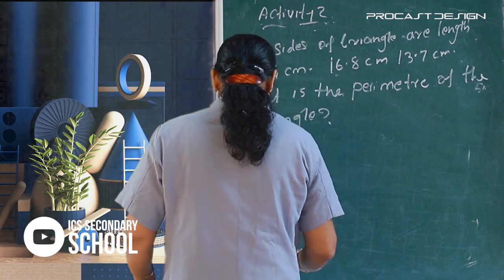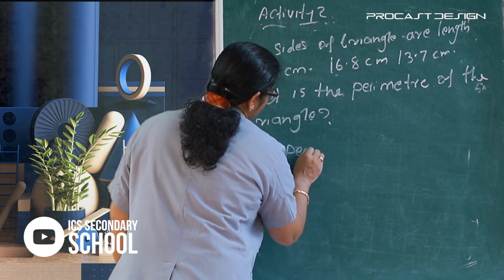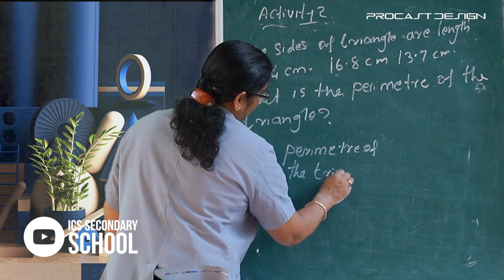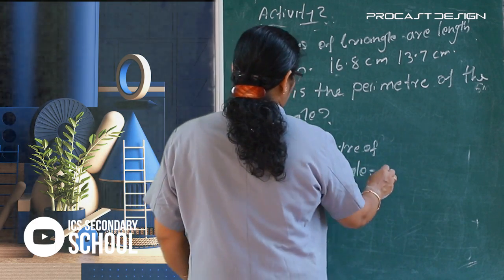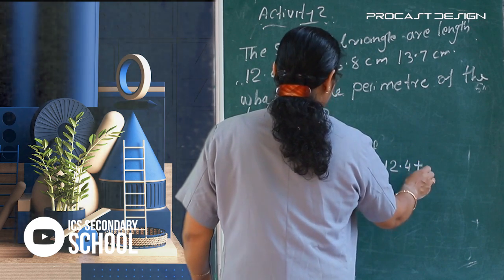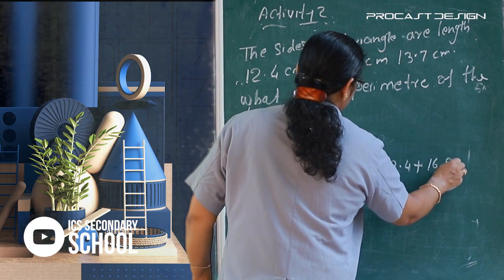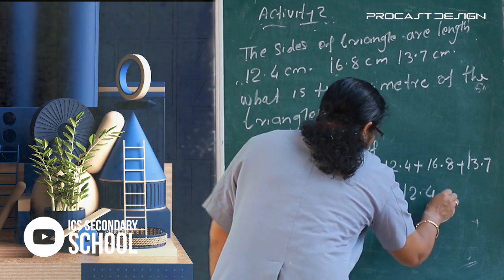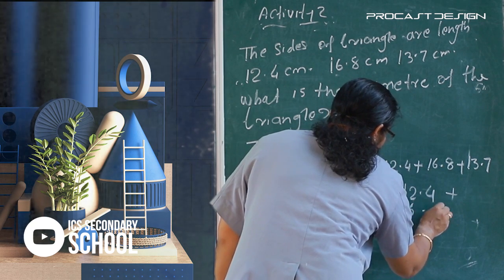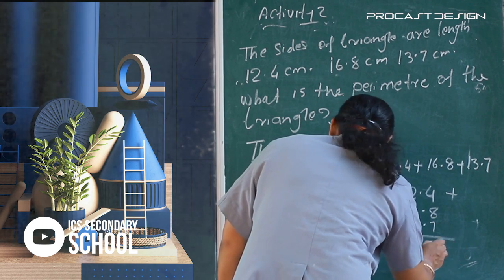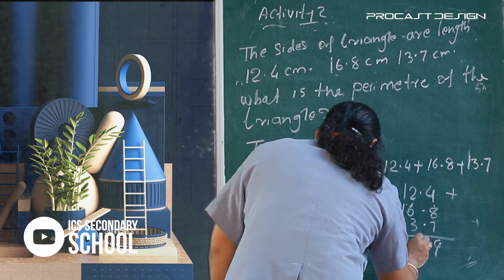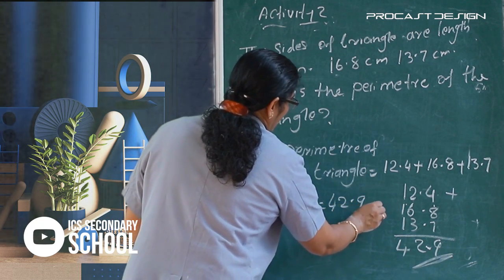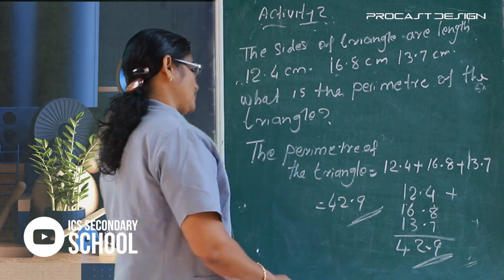The perimeter of the triangle is 12.4 plus 16.8 plus 13.7, which is 42.9.